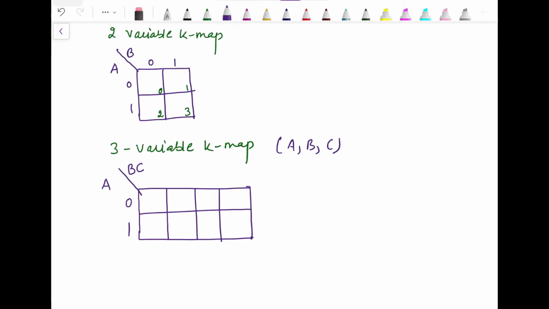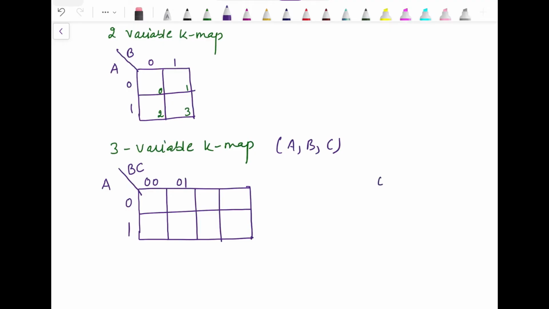Now, what we need to keep in mind here is that the labeling of K-maps uses the gray code. Why do we need to use gray code? Because the requirement for labeling K-maps is that when we are moving from one cell to another cell, there should be variation in only one bit.